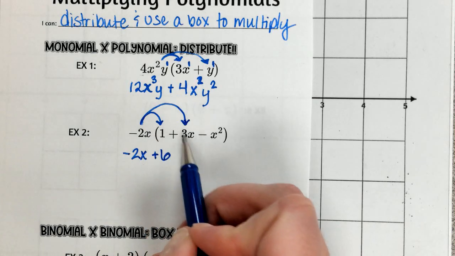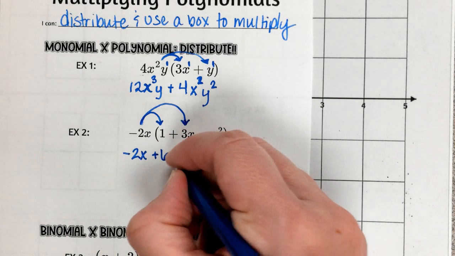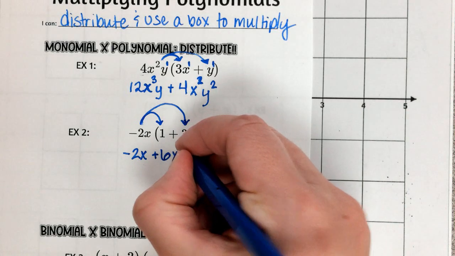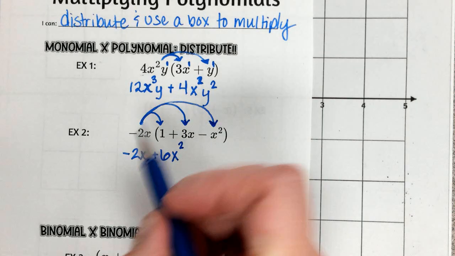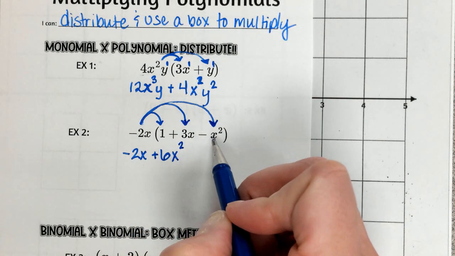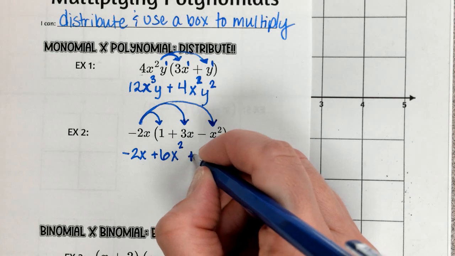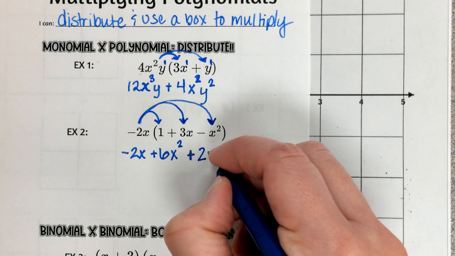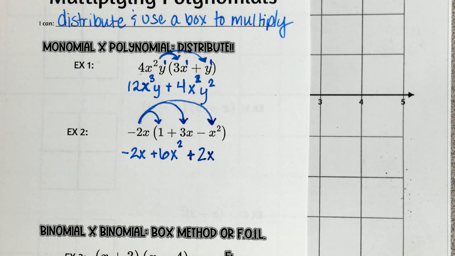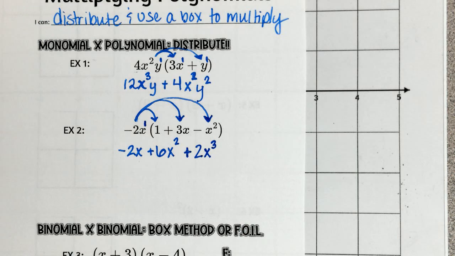And then I have x times x. That makes a new term, right? It makes x to the power of 2. And then, lastly, I have negative 2x times negative x squared. Well, negative times negative is positive 2x to the power of 3. Okay?